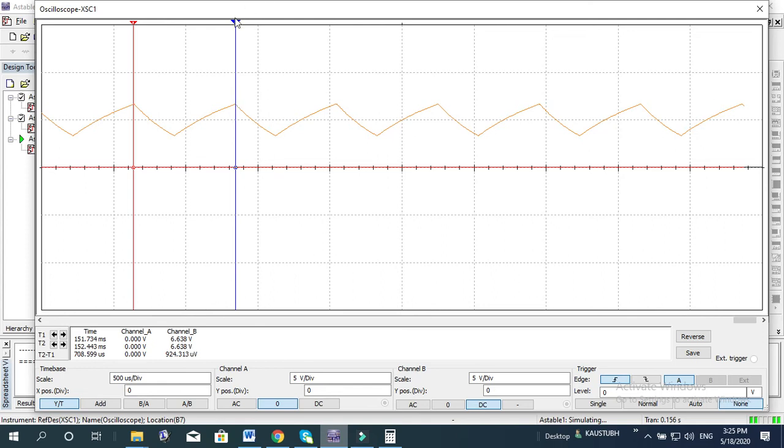Similarly, the lower voltage should be 1/3 of VCC, around 3.3 volt, and it is showing 3.380 volt. That means it is discharging down to 1/3 of VCC and charging up to 2/3 of VCC, so it's correct. Okay, so that's all.